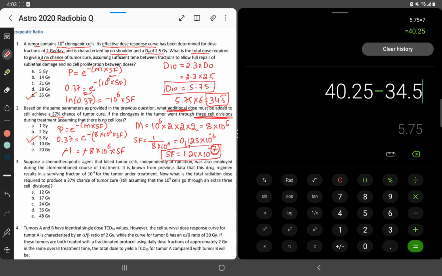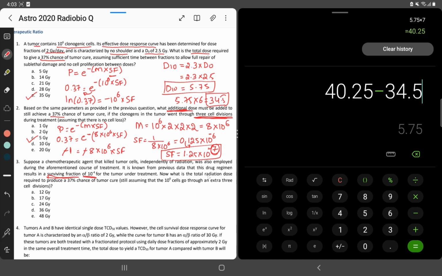Okay. Now the next question: suppose a chemotherapeutic agent that kills the tumor cells independently of radiation was also employed during the aforementioned course of the treatment. It is known from the previous data that this drug regimen results in a surviving fraction of 10 to the power of minus 4 under treatment.